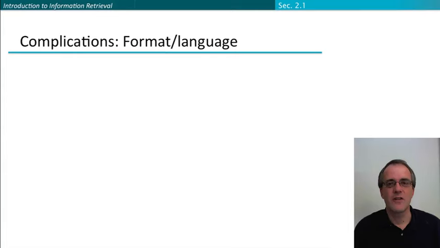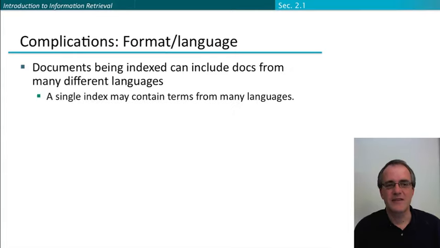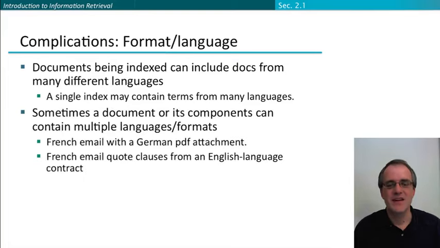Let's just look a little at the complications that come up. Documents being indexed can often involve various different languages, and so our index may often contain terms from many languages. But it's not just as simple as having multiple languages in different documents. Sometimes a single document can have multiple languages inside it.